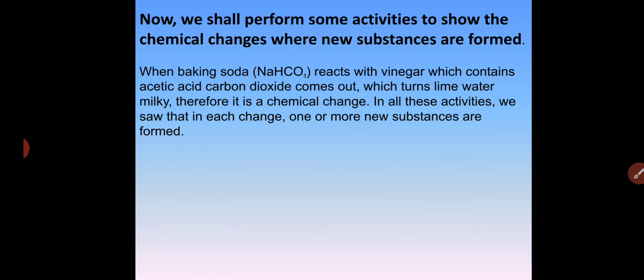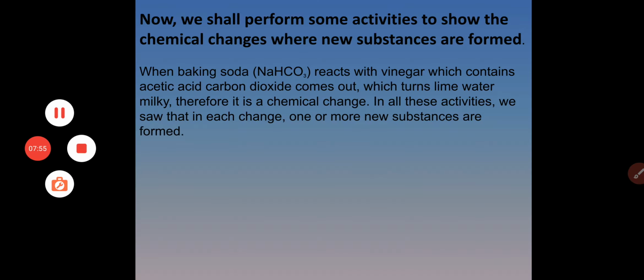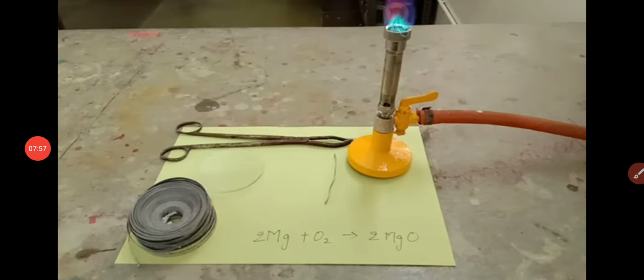Now let us conduct another activity. Now we are going to conduct a practical over here. So I have one Bunsen burner, one scissor, and one magnesium ribbon, right? Here I have written one chemical formula: 2Mg + O2 gives 2MgO. Mg is the symbol for magnesium, and O is the symbol for oxygen, right?